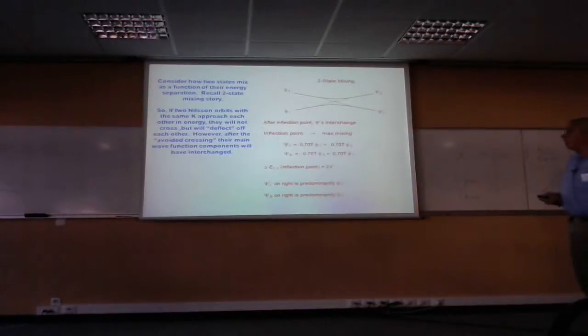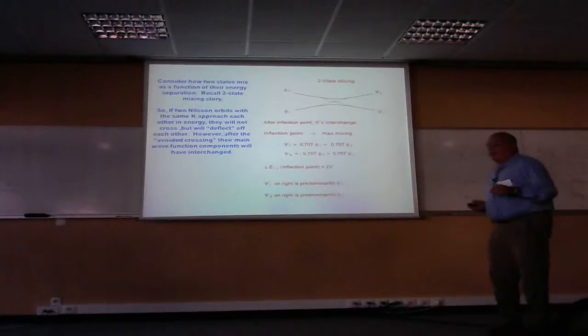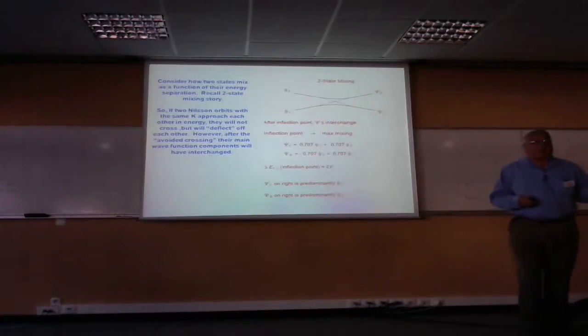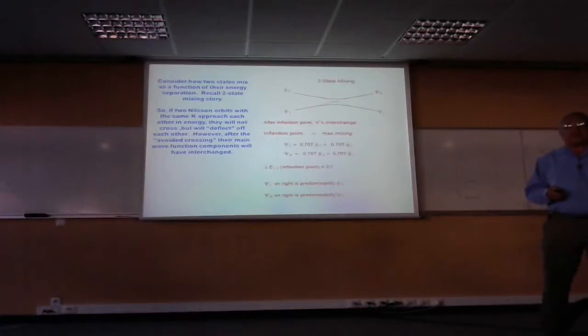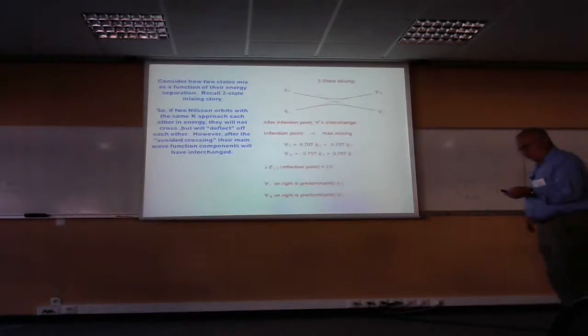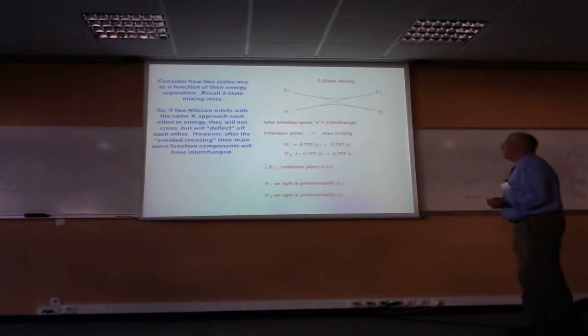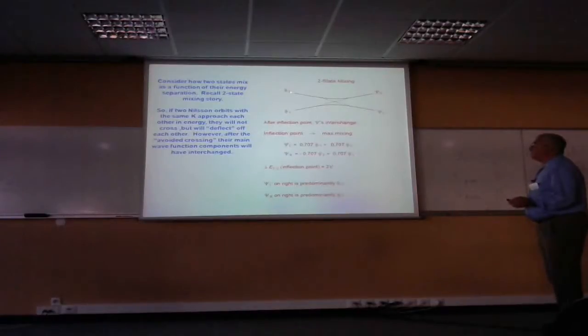Now, if you remember, we had a table in the two-state mixing calculation of the mixing amplitudes as a function of the separation and the interaction. So this wave function here starts off very pure. It's just phi 2, and this starts off very pure phi 1. As the unperturbed energies approach each other, the wave functions will become a mixture of phi 1 and phi 2. At this point, they will be totally mixed.